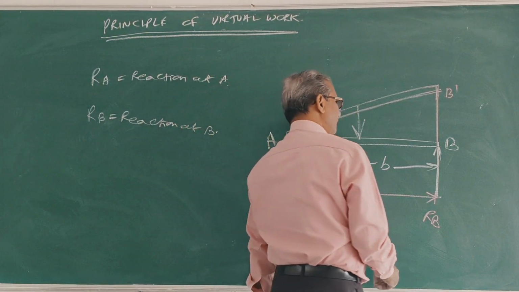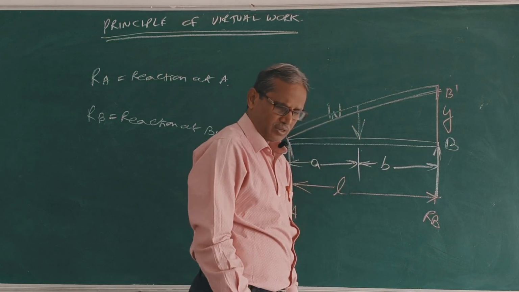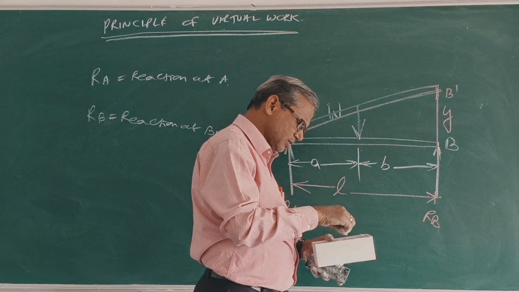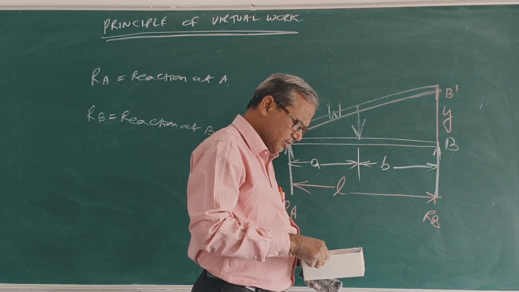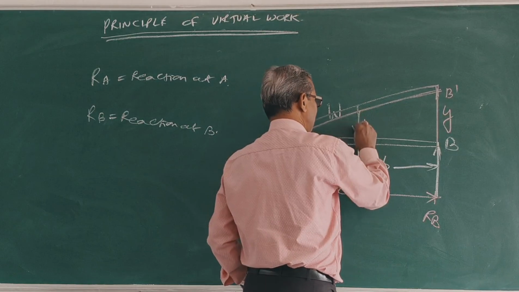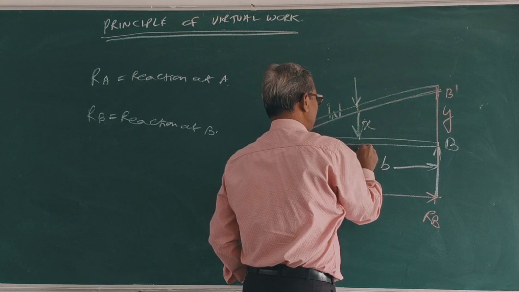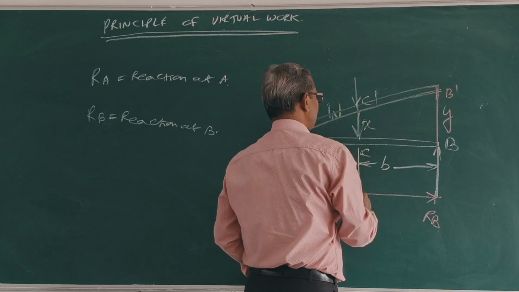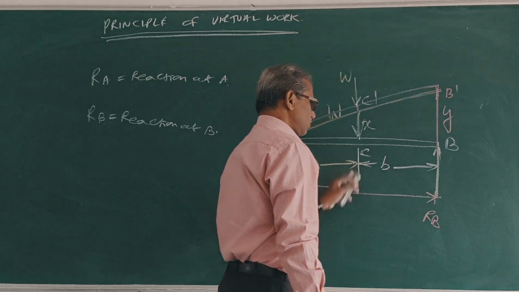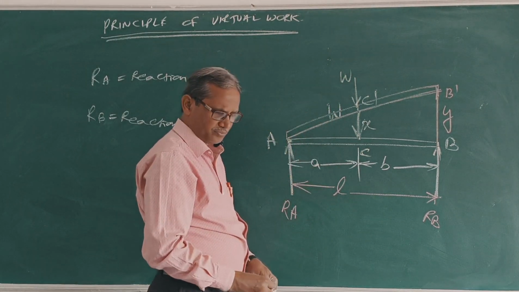At B, suppose the virtual displacement is Y. Suppose this is X, and this is C, which moves to C dash. So the distance at A is 0. Clear?